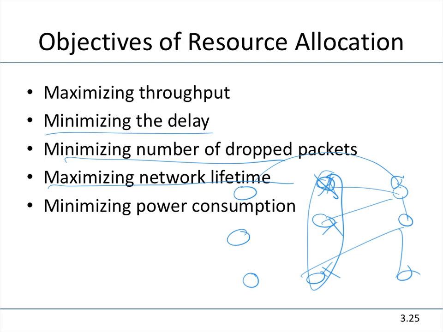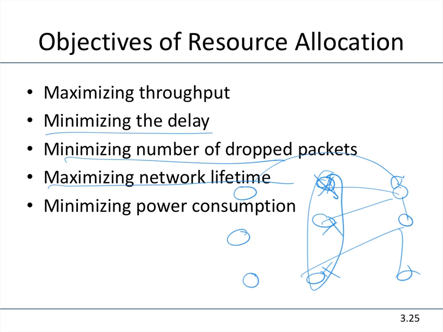So you say that the lifetime stops here because you have some disconnectivity in the middle of the network, or some part of the network is isolated from the remaining part of the network. Okay? So you say that the lifetime stops here. So there are different definitions of that. And of course, this is very complicated to do, especially in ad hoc networks.